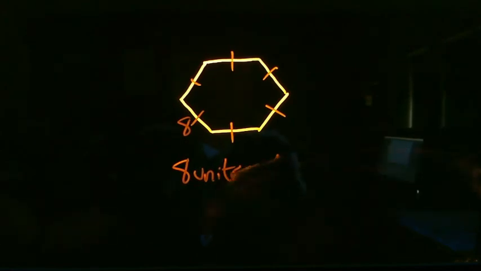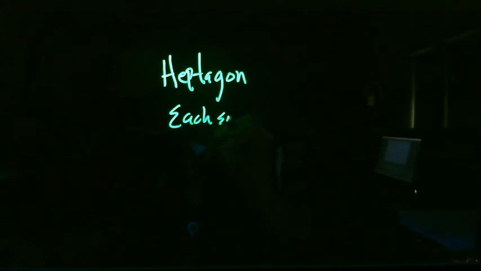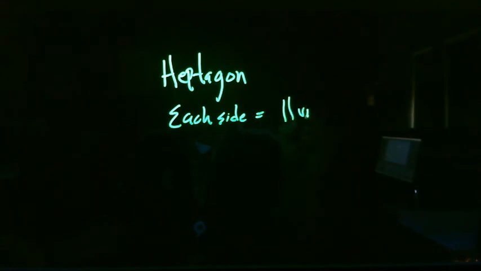All right. Well, let's try one other one. What if I were to tell you, and I'm not even going to draw the figure up here, let's say that we had a heptagon. A heptagon. And that each side is equal to 11 units.